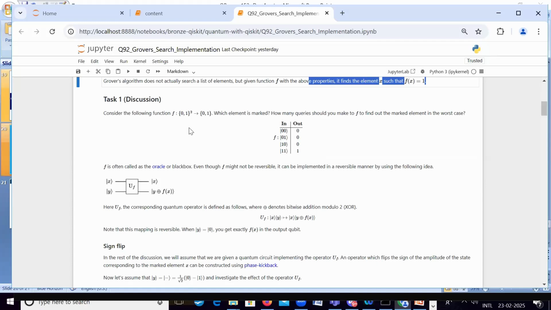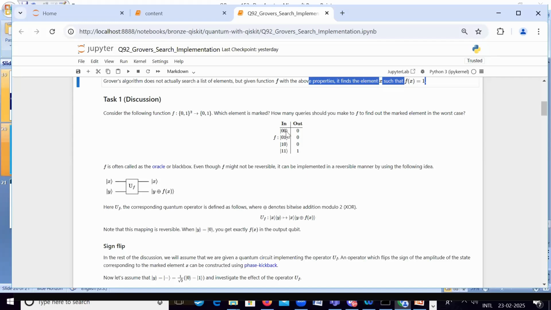Consider a function as given here, with only 2 qubits, that satisfies this. Which element is marked? How many queries should we make to find the marked element in the worst case, or what is the maximum number of iterations required to find it?